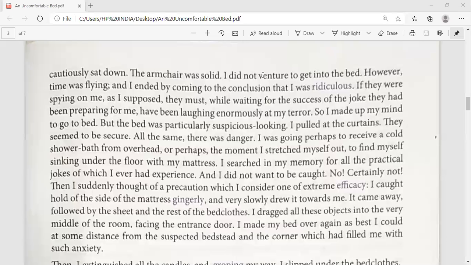Now this is the question, beta, in your back exercise also, that what kind of guesses he made that his friends might play a practical joke. So what did he guess, beta? I was going perhaps to receive a cold shower bath from overhead. What was his first doubt? That there might be a bucket of water over my head and when I just sit on the bed it will spill over my head.